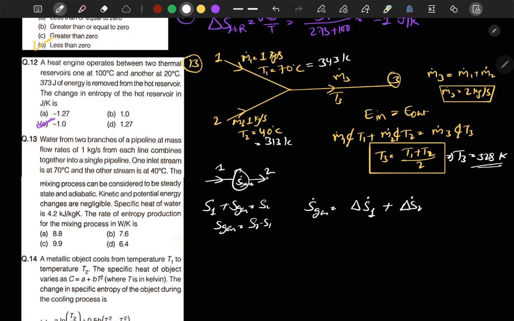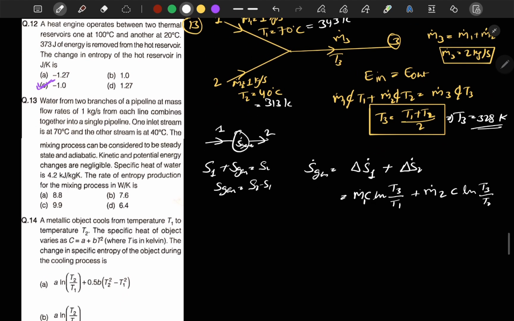Since both fluids are similar and reach the same temperature after mixing, we can write delta S is equal to M1 dot C ln T3 upon T1 plus M2 dot C ln T3 by T2, because this is the rate of entropy change.